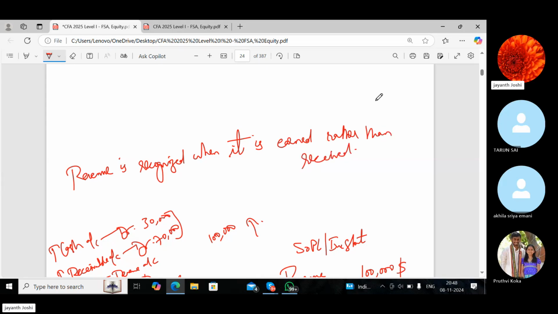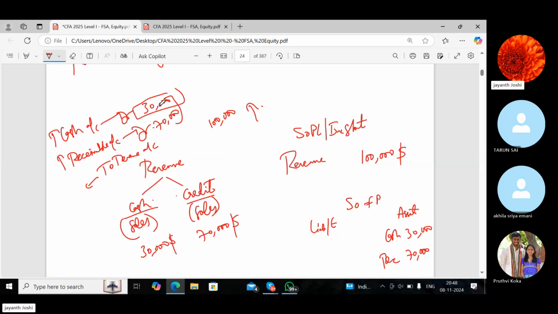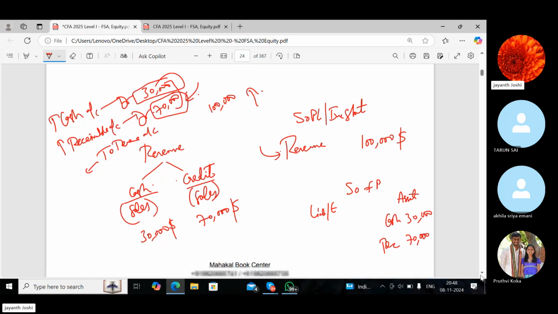So the point here is, in case of cash revenue, you get your money in your hands, but in case of credit revenue, you don't receive your money, but still you're earning, right? Since you're earning, you recognize that in the statement and you show that as credit revenue or receivables in the balance sheet. That's what they're saying.